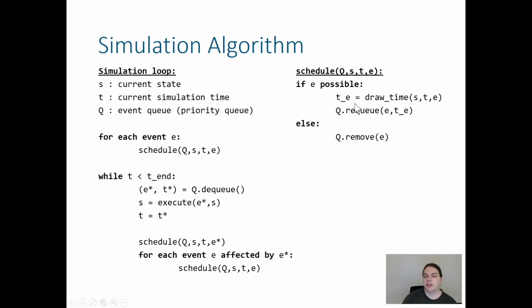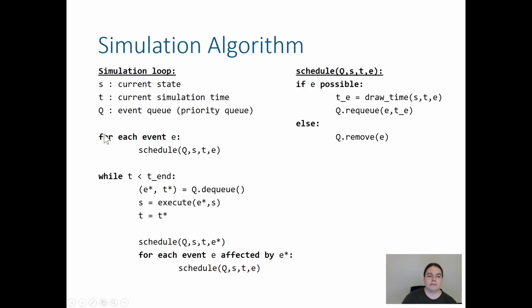Requeue is an operation that, if the event is currently not in the queue, it just gets added to the queue with this priority, and if it is in the queue, its priority is updated. And if the event E is not possible, we will remove it from the queue if it is currently in there. But of course, at the moment we're at this point where we're doing the initial scheduling of events, so there are no events in the queue.